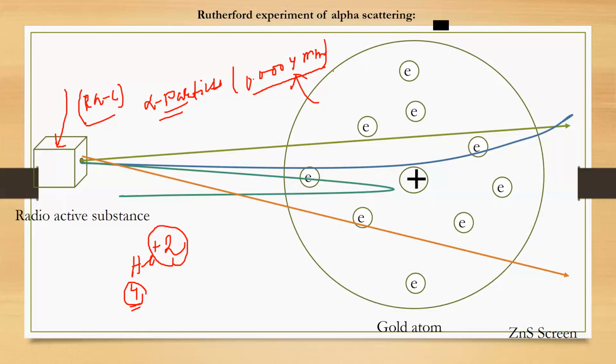In order to study the deflection caused by the alpha particles, he placed a fluorescent zinc sulfide screen.